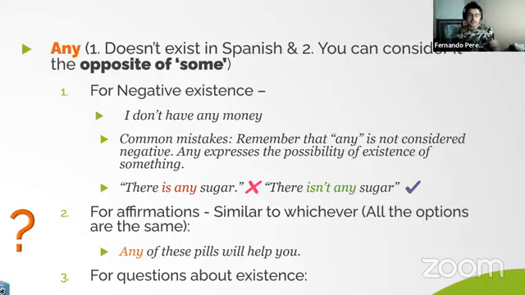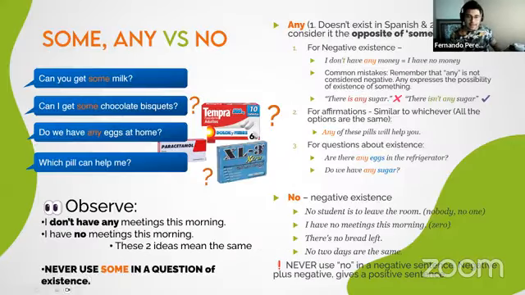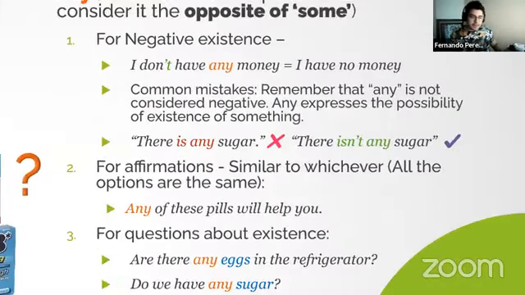Okay, so let's talk about negative existence. I don't have any money means that there is no money. It's the same. I don't have any money is equal to saying I have no money. Technically, it's very, very similar.